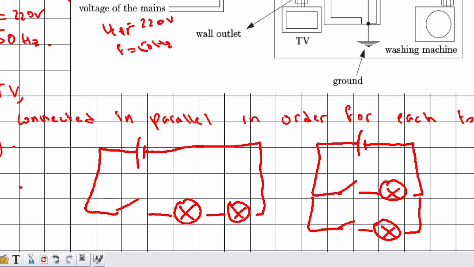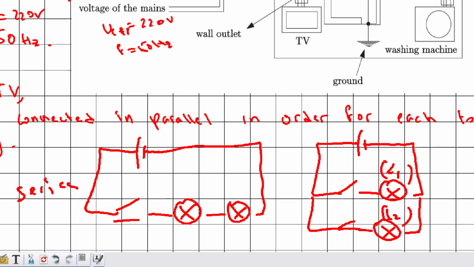Now in this case, in the series connection, if this switch is on, both lamps will be switched off, but in the parallel grouping we can independently function the lamp L1 or the lamp L2, and this is related to whether the switch is open or closed. If this is closed, L1 will function, L2 will remain open.